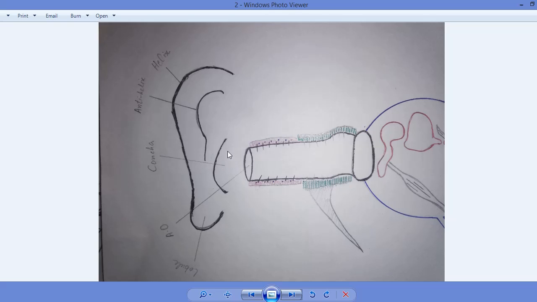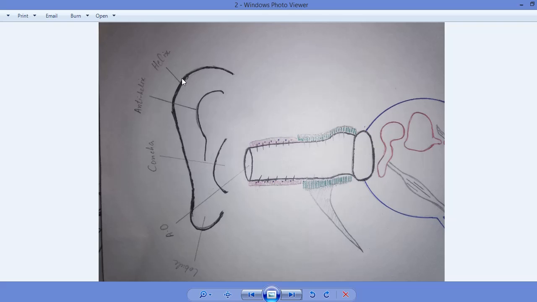And the depression which leads to the auditory orifice is called concha. The sound waves must come through the concha to the auditory orifice, and that will go through the external acoustic meatus to the eardrum.